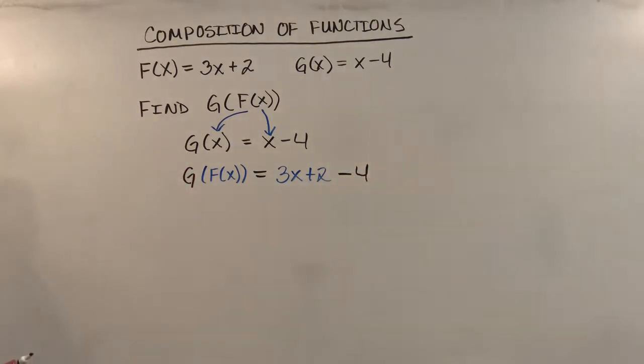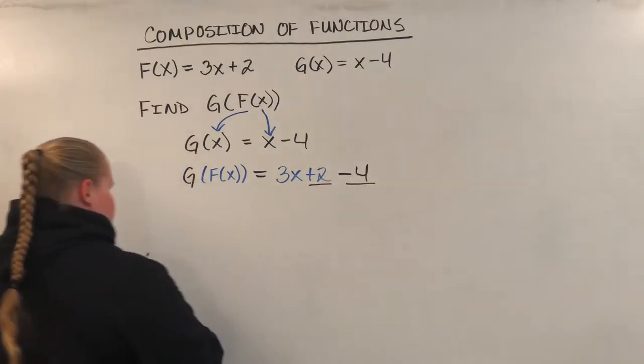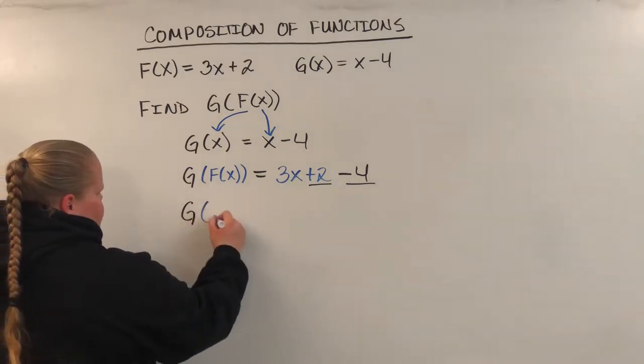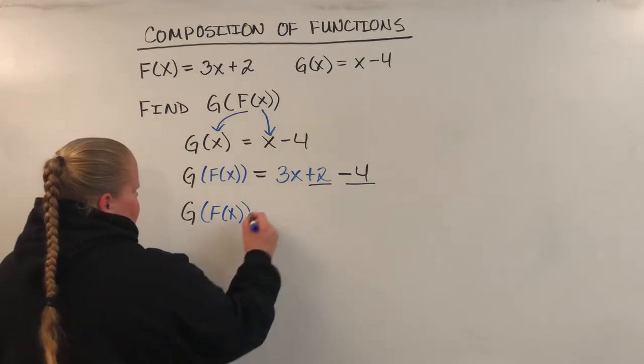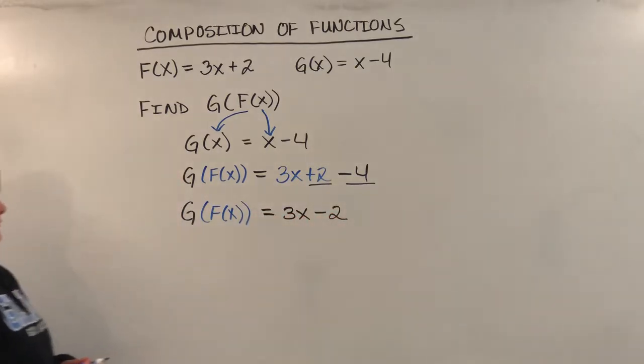Okay, all I can do from here is combine these like terms, and I have g of f of x equals 3x minus 2. That's as far as I can go.